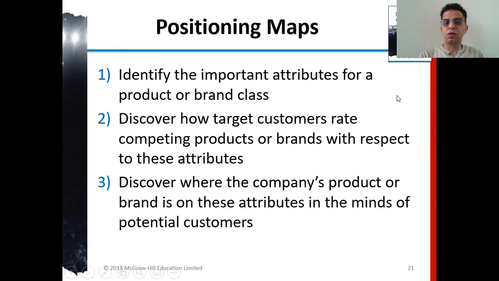So you need, as a marketer, to do a positioning map. And Gartner sometimes gets you these reports for other companies, and you can see their positioning maps. It involves identifying the important attributes for a product or brand name, discovering how target customers rate competing products or brands with respect to the attributes, and discovering where the company's product or brand is on these attributes in the mind of potential consumers.